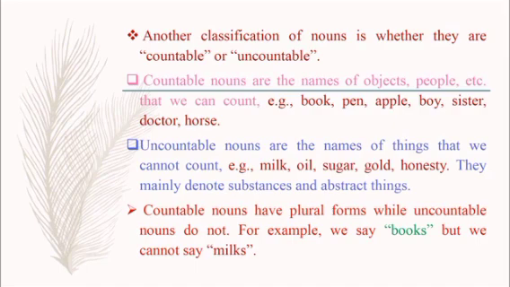Examples: milk, oil, sugar, gold, honesty. They mainly denote substances and abstract things. Students, note: countable nouns have plural forms while uncountable nouns do not. For example, we say books, but we cannot say milks.